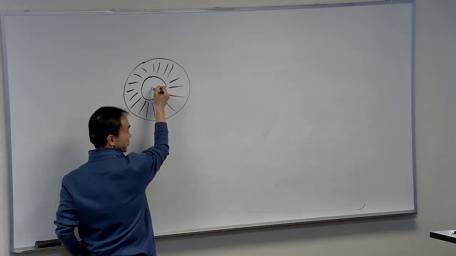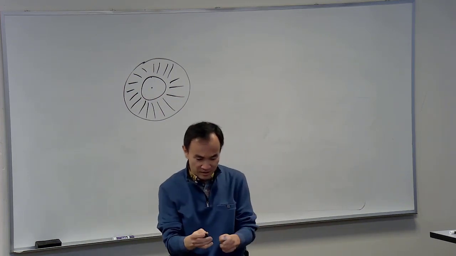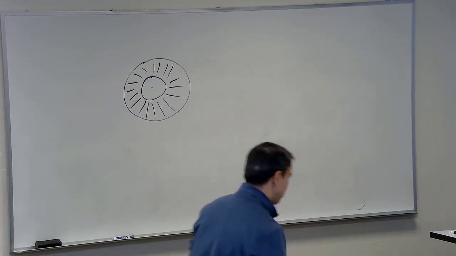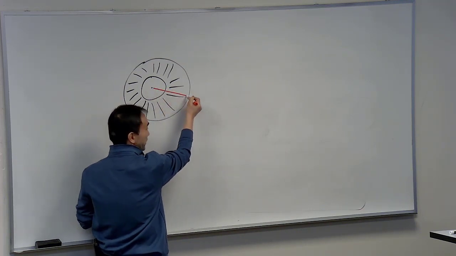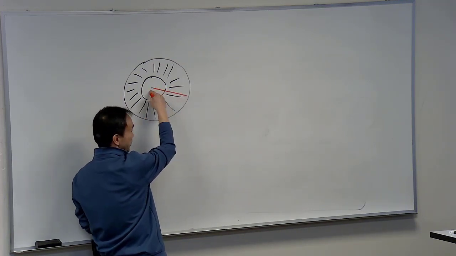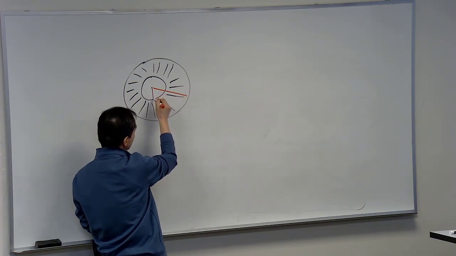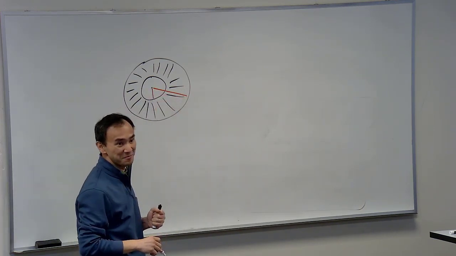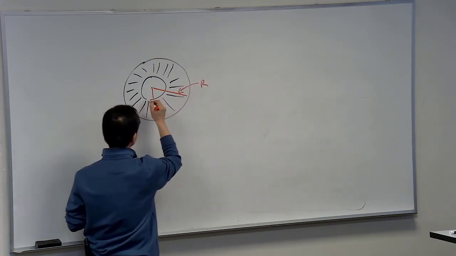So the center of rotation is right here, and there must always be a big radius from the rotation center all the way out to the outer circle, and then a smaller radius. You agree now? Okay, so we can label that. Let's call this the big R, and this is little r.